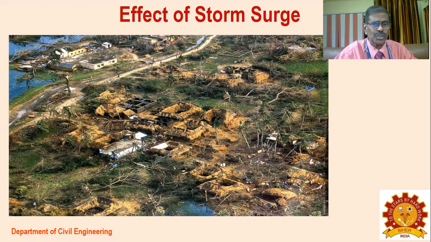That is the effect of the storm, and it affects the country economically. A lot of funding has to be spent on this, which is an economic loss for the country. So storms should be handled in a proper way, and it is a part of the civil engineer's job, because in environmental science we deal with that.